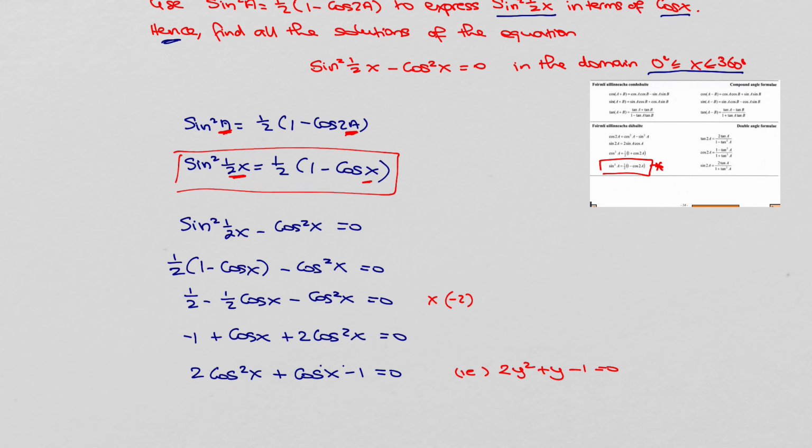So there is no difference in solving this algebraic quadratic equation to this trigonometric quadratic equation. In other words, the way in which we proceed is exactly the same. So you have to keep thinking: what would I do if it was an algebraic quadratic equation? And you do exactly the same thing.